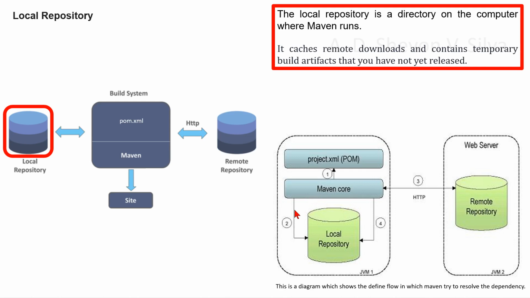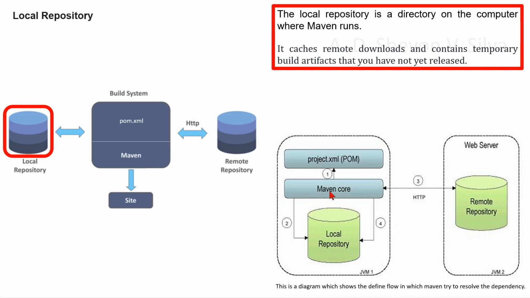Then Maven core will check if the artifact is in the local repository, and then get the artifact from the remote repository, and then put the downloaded artifact in the local repository, and thereafter generate files. For example, create a jar file here.